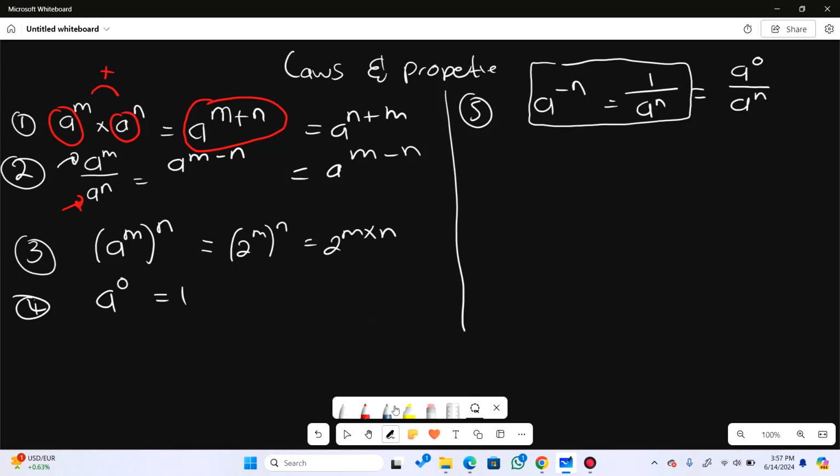Then looking at property number 6, which states a raised to the power 1 over m.